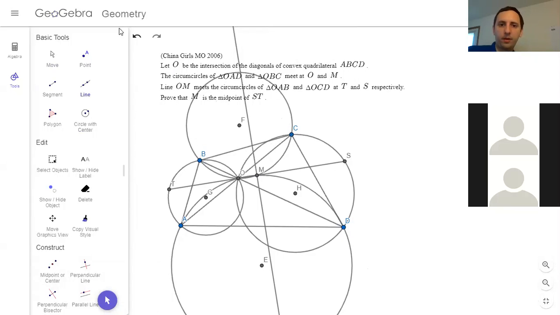Oh, sorry. Maybe invert at O. Yeah, I think inverting at O might work. But I feel like there has to be a way to show that trivially by similar triangles. So Ira, John, do you have a solution?